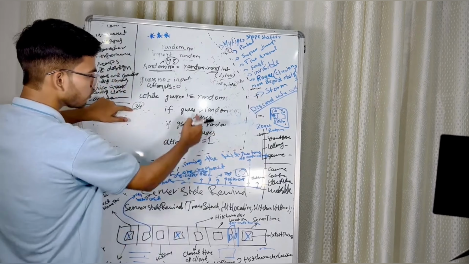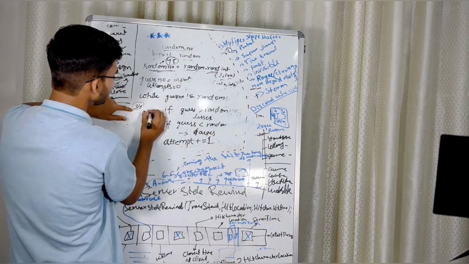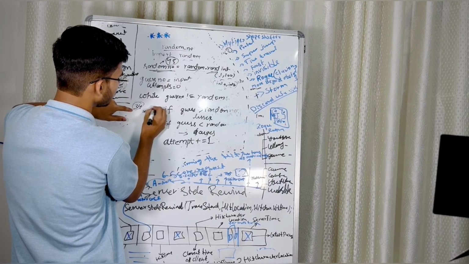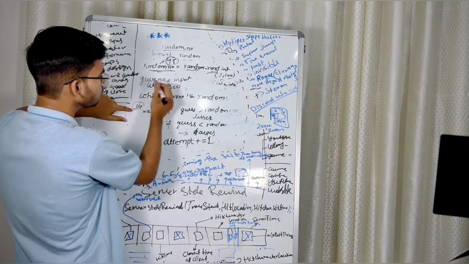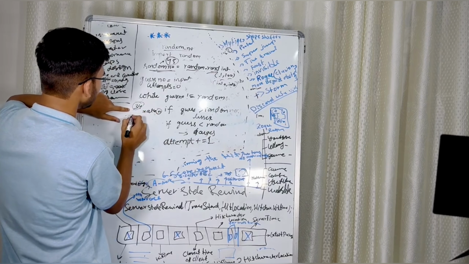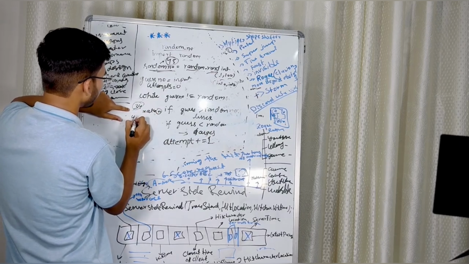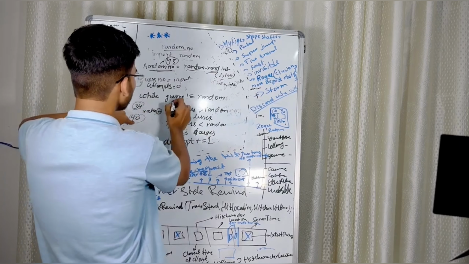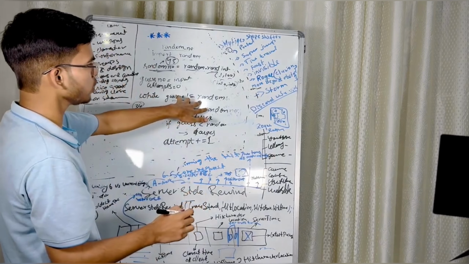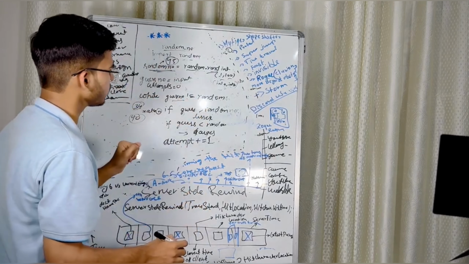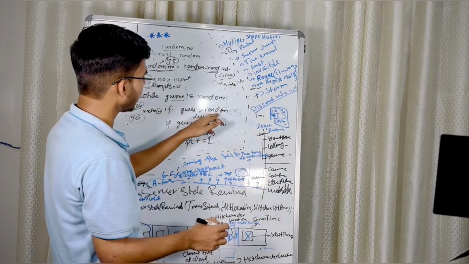Now the first time the loop has worked, the attempts value would be plus 1. Now the user will enter the number again. Let's say he enters the number 40. Now it would check if that guess number is not equal to the random number. Yeah, 40 is not equal to 45. Is the guess number higher than the random number?